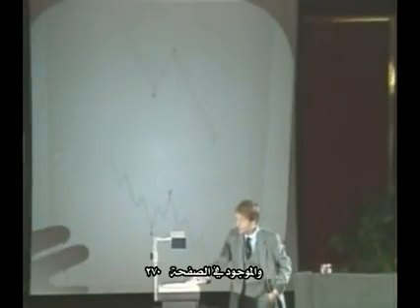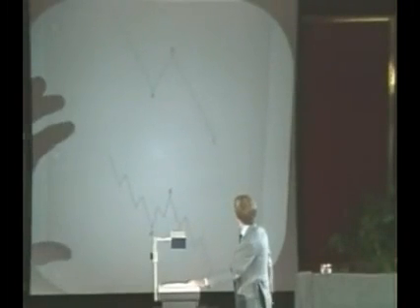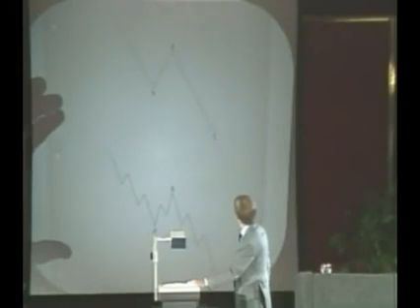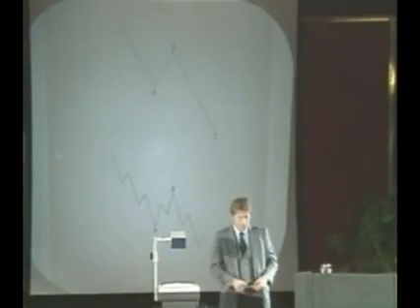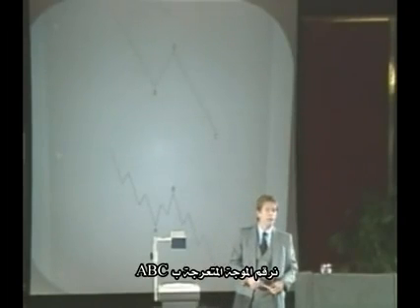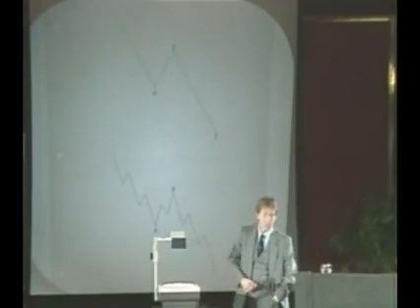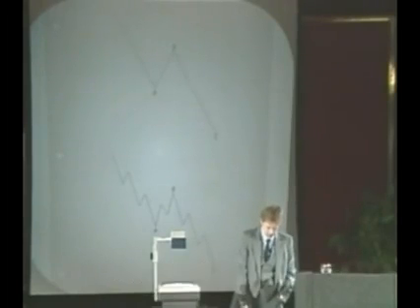Well, the first pattern that we're going to take a look at is the zigzag. We're on page 217. Zigzags are labeled ABC. We use letters for corrections instead of numbers, as we do for impulse waves.